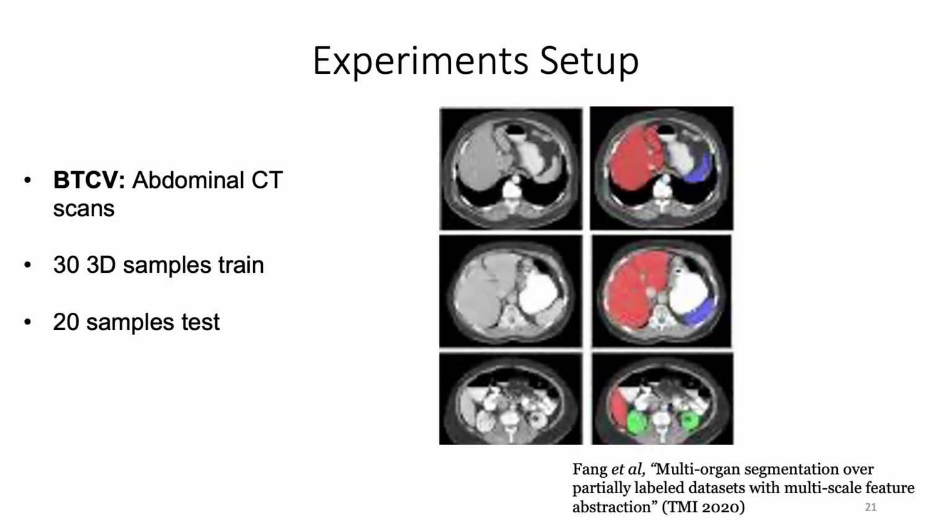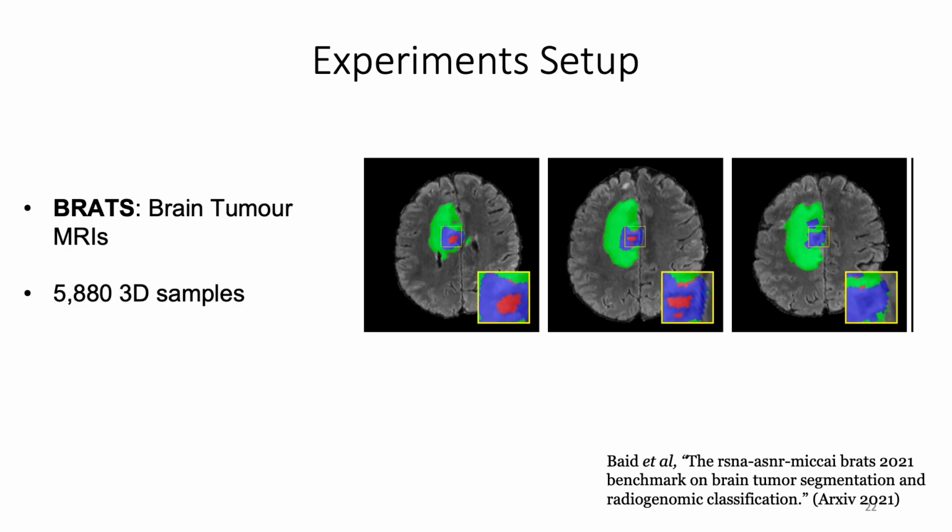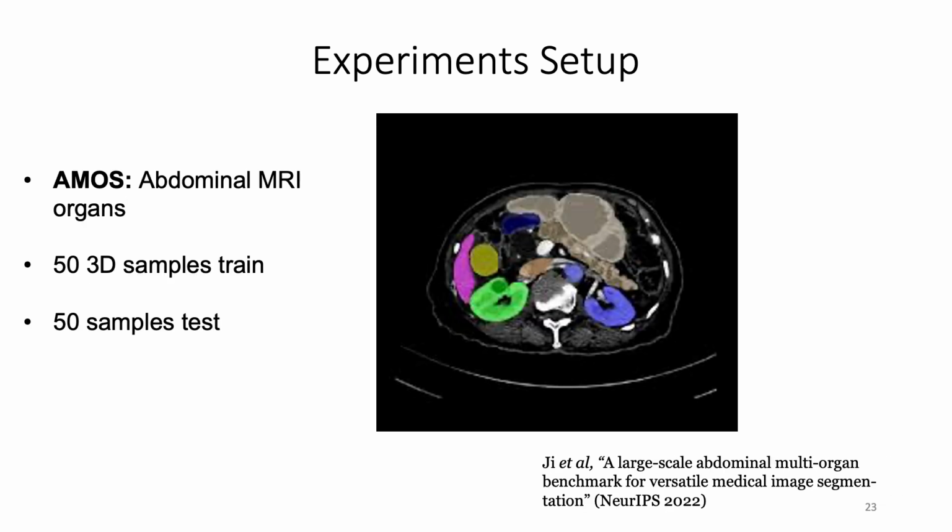To validate this, we use a set of experiments and datasets as validation, like the BTCV abdominal CT scan dataset that has abdominal organs that intersect with the UK Biobank Organs and Bones labels. We also use BRATS for 3D tumor segmentation, and AMOS for abdominal MRI organs as well.